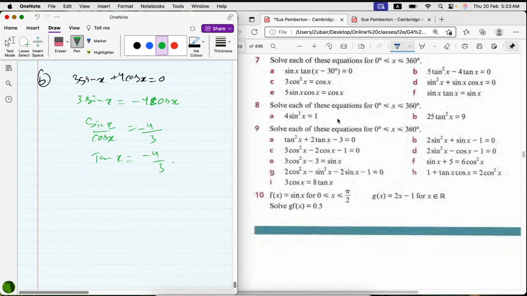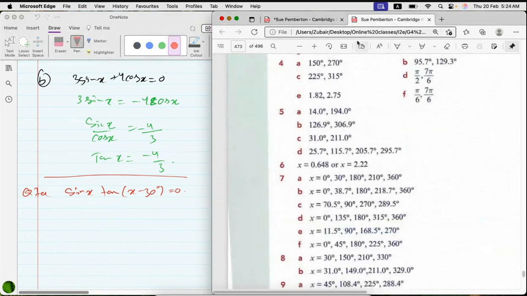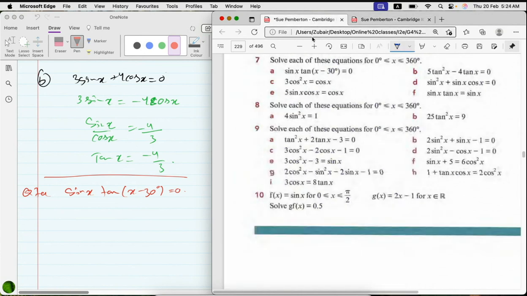Okay. 7a part. It says sin x into tan of x minus 30 degrees is equal to 0.